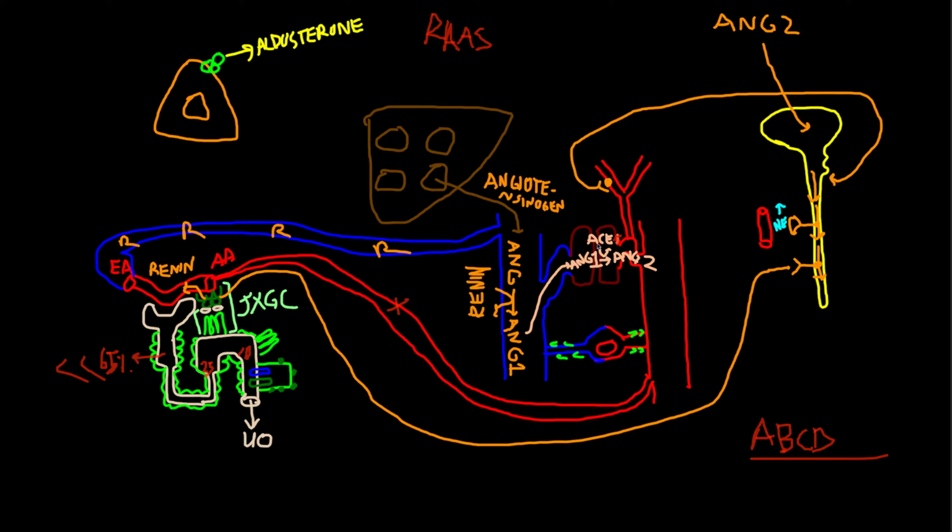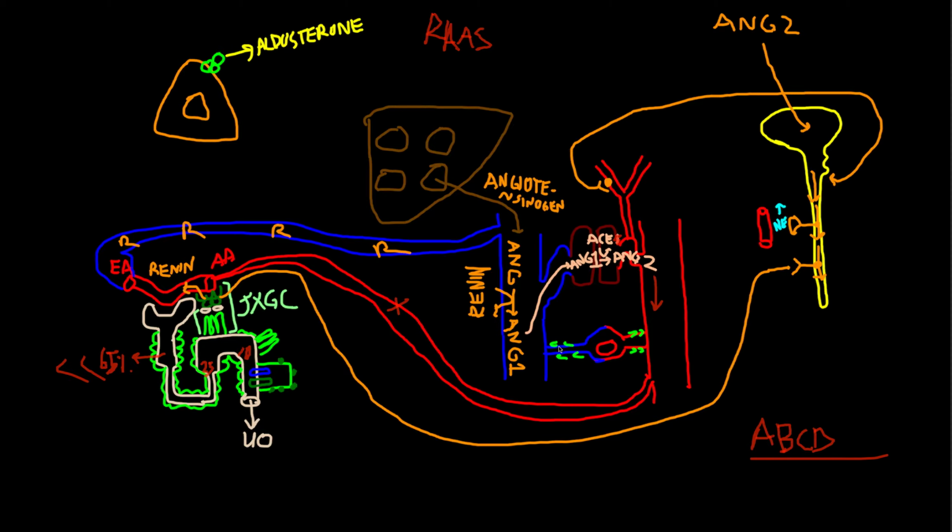Oh, ACE also breaks down bradykinin, which is a vasodilator, so you get further vasoconstriction. And angiotensin 2 is a vasoconstrictor, so it goes down here, and what happens is these green things here, these are your capillary venules, and these are angiotensin 2 receptors, and when in increased levels, they vasoconstrict both in the arterioles and the venules.